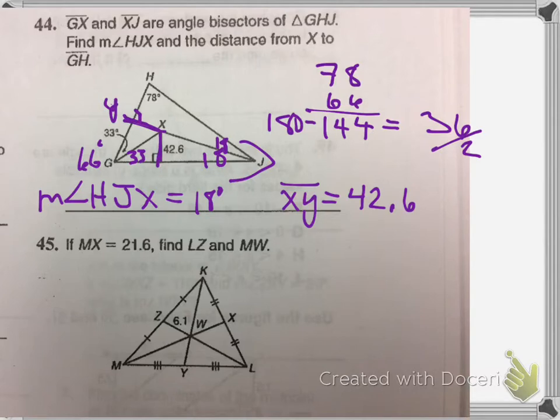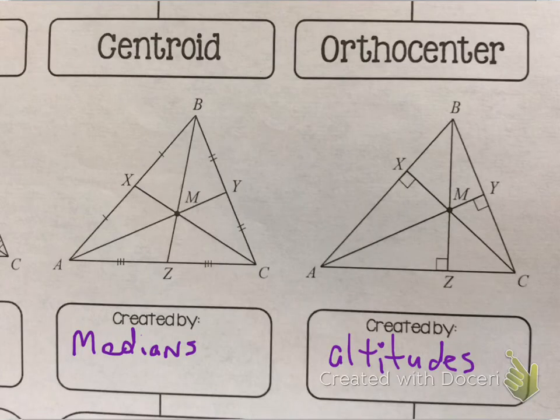So let's look at this next one. This next one is dealing with the centroid, so let's talk about that. Remember, centroids are created by medians, and if we remember this correctly, like how I did this before: twice the short piece is equal to the long.